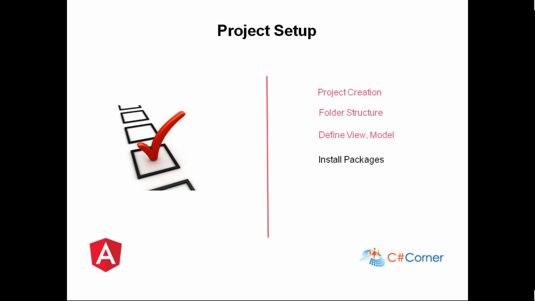As we said, a lot of prerequisites are there in Angular 2. Then we'll define the component and decorators, the modules and everything. These are all the steps that I will be showing you.